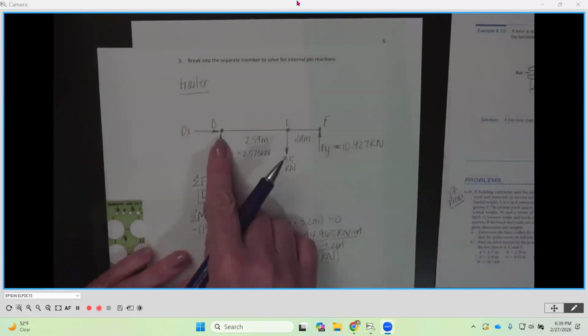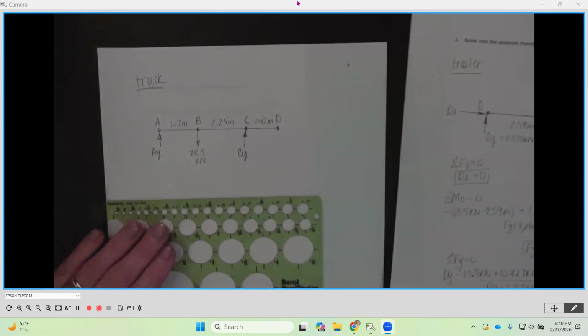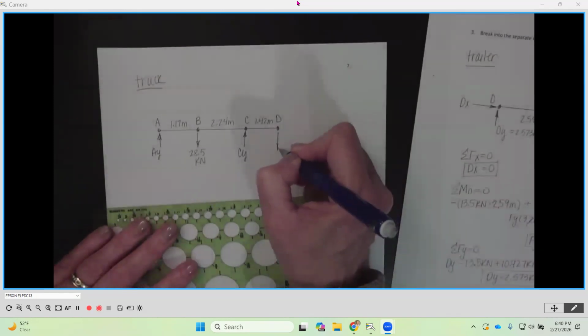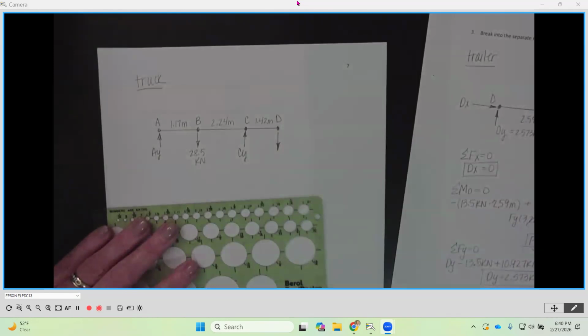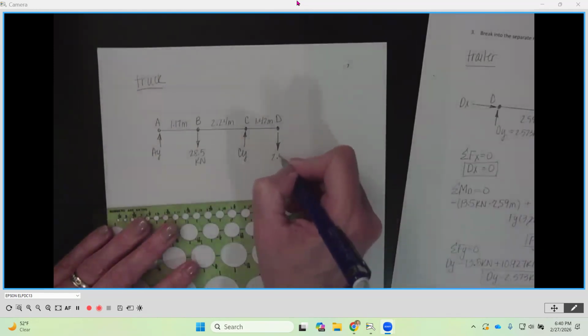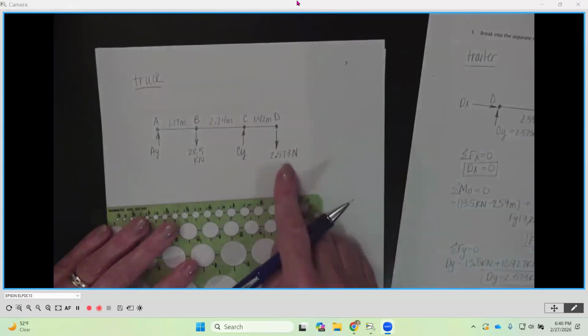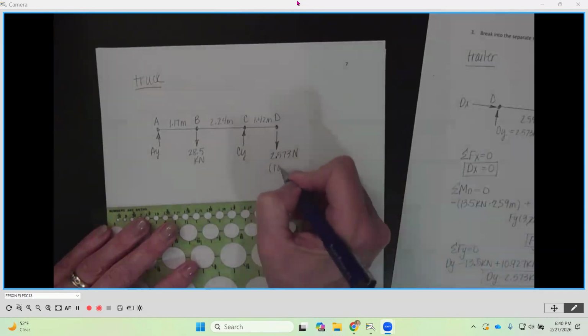On the trailer, dy was going up 2.573 kilonewtons. So it's an internal pin. It's going to go down at D, same magnitude, 2.573 kilonewtons. This is also the tongue weight, okay?